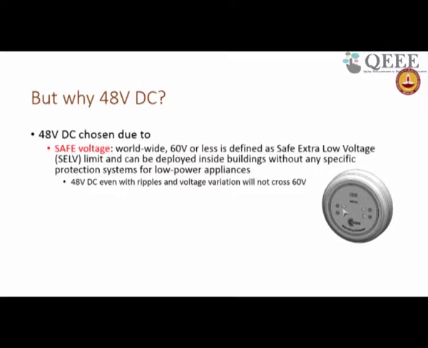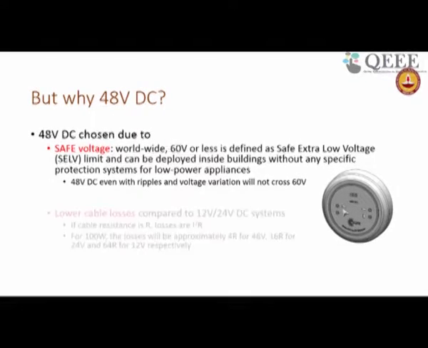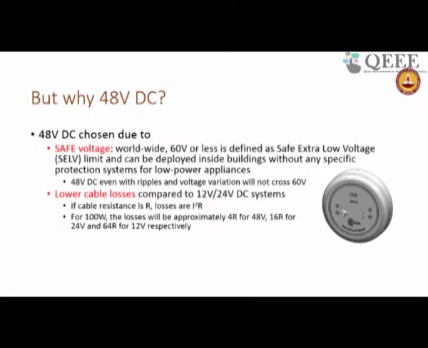Now, why did we not choose 60 volts then? Well, 60 volt, remember, it can vary, and therefore 60 can go to 64, 65, which can become somewhat unsafe. 48, even if it goes to 53, 54 volt, we are still much below the line. So the next question is, why did we not choose 12 or 24 volts? Well, all of you know that losses in a line are I squared R. So if I am powering the same load, suppose I am powering 100 watts. If I am doing 48 volt, I have 2 amperes.